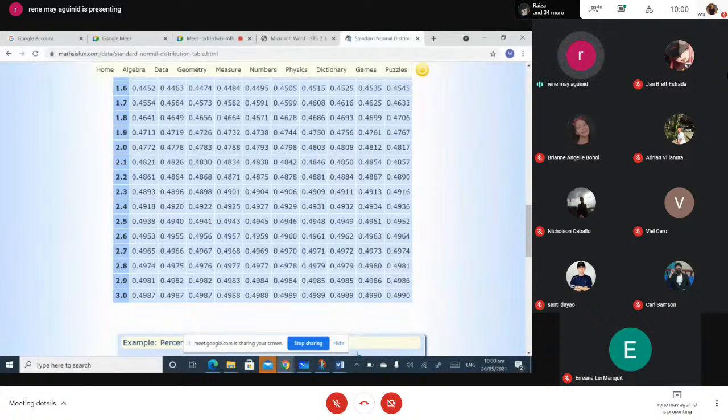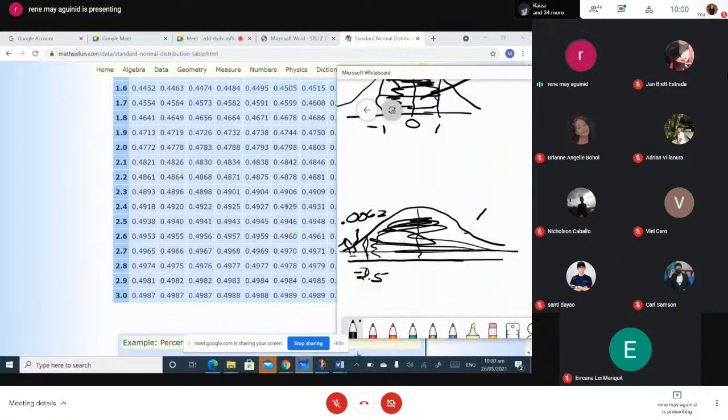Na may different instances ani. Kung kani nga table atong gamiton, ang subtract. Kani nga table i-subtract gikan sa 1. No, kay ang whole probability ano niya is 1 whole area.